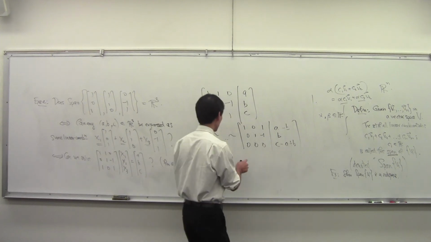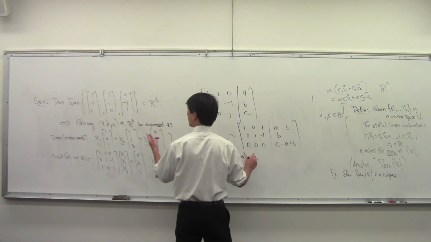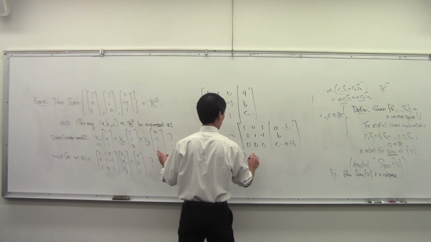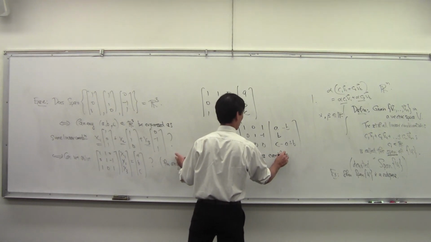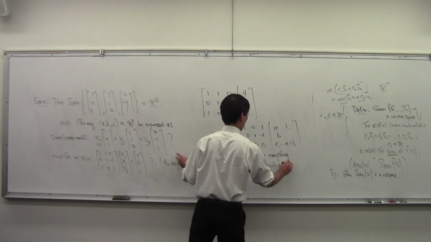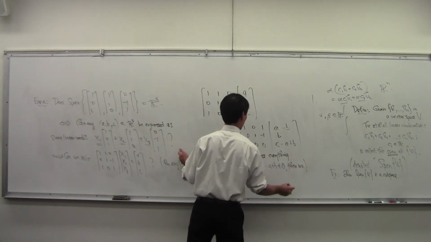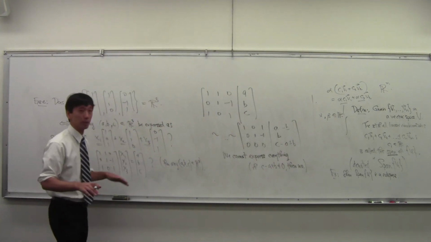So the answer is we cannot express everything. If C minus A plus B is non-zero, then no. We don't get the whole space.